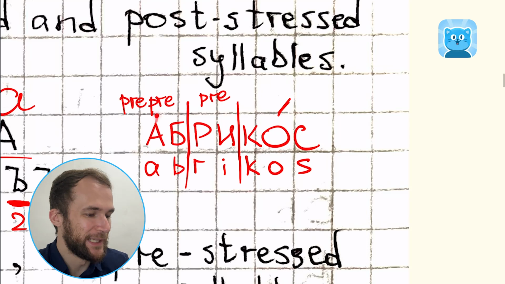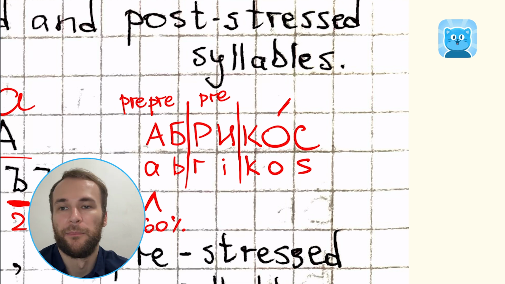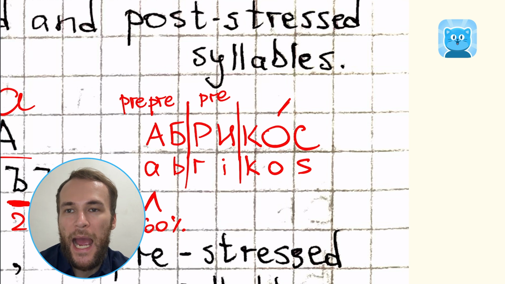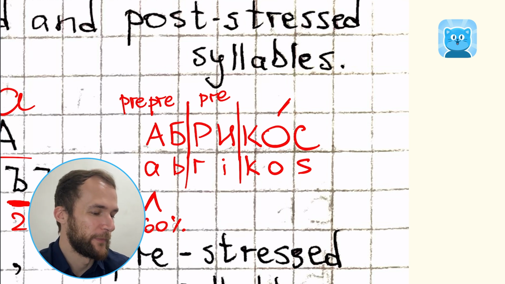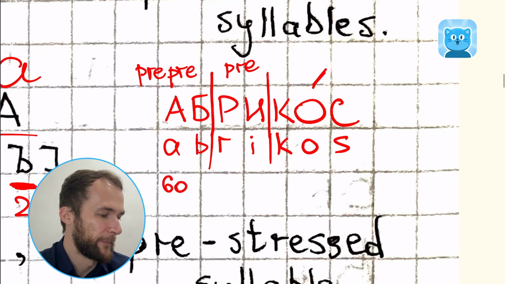But here is the beginning, so even though it comes in a pre-stressed position, it will sound as if it's 60%. So abrikos. All right, good. 60%. Okay.